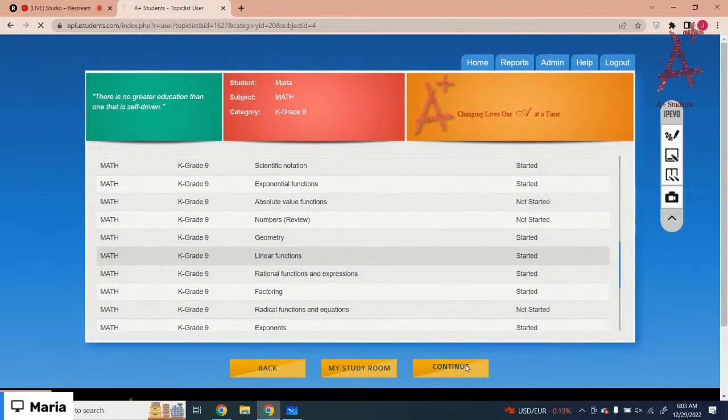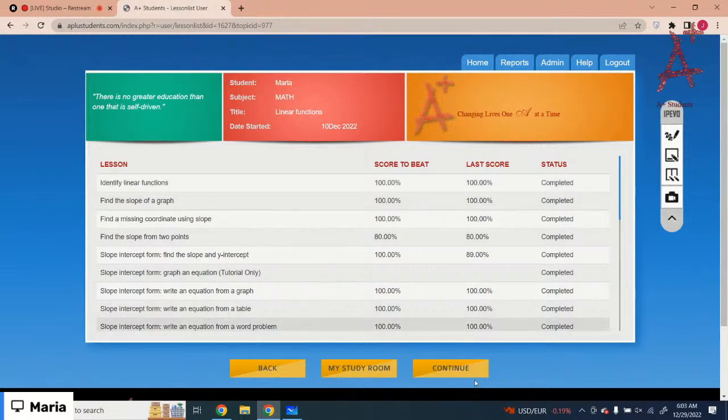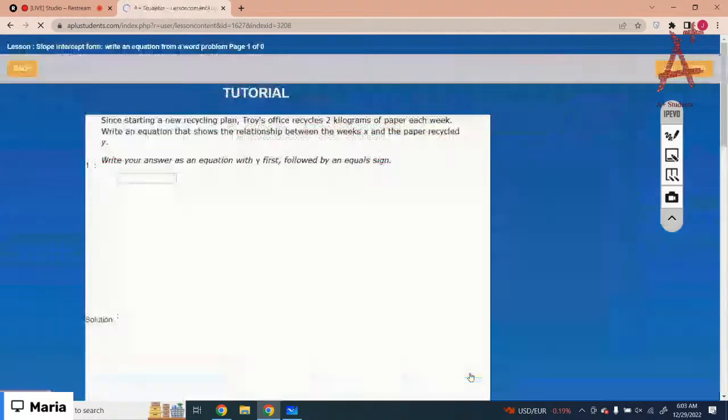It is loading, just wait. Okay, the lesson we're going to start with is slope intercept form. Write an equation from a word problem. Okay, let's just start with the lesson.